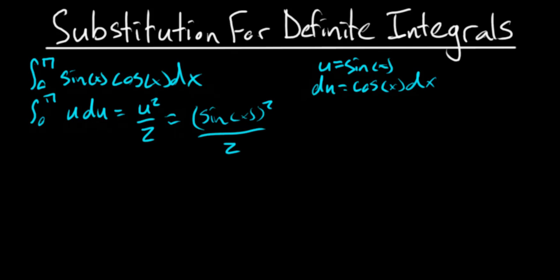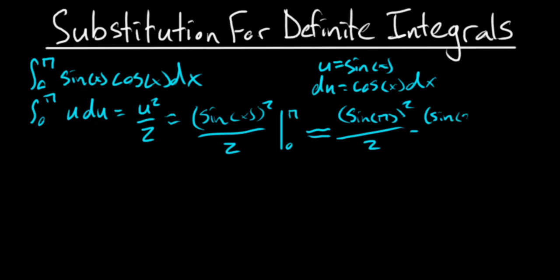And since we're doing definite integrals, we still need to evaluate this from 0 to pi. When we do this, it's going to become sine of pi squared over 2 minus sine of 0 squared.